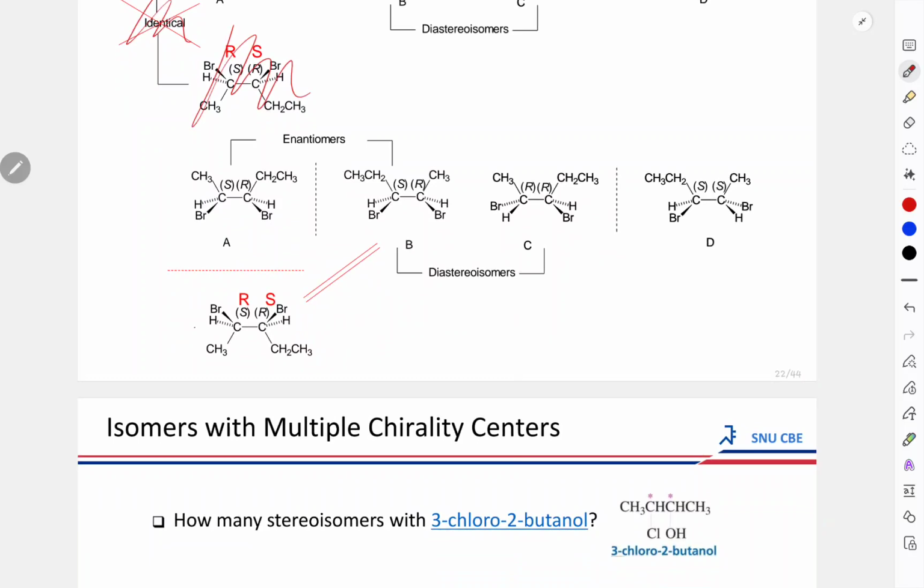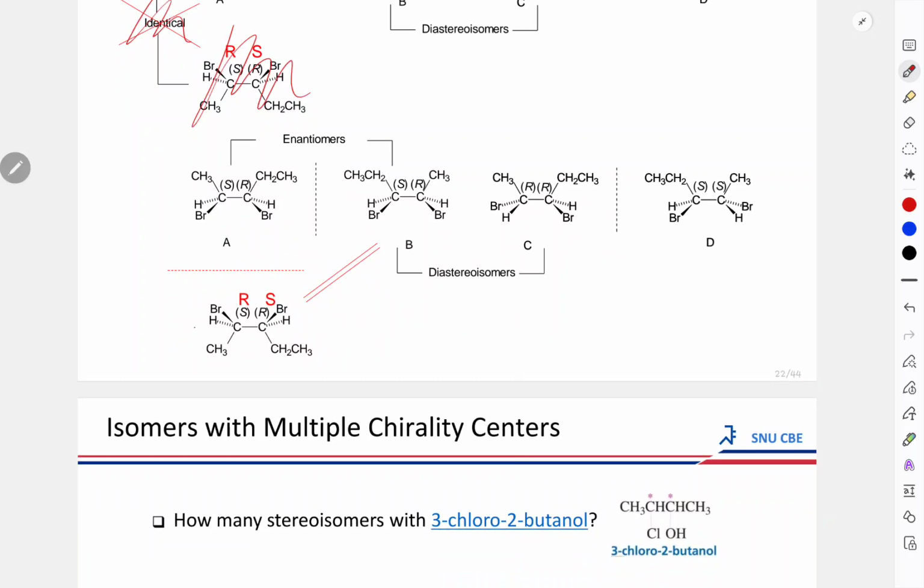Alright? This is the same case. We're dealing with a similar molecule, 3-chloro-2-butanol, and perhaps you can rationalize the relationship between each two isomers, 1 to 2 versus 3 to 4.